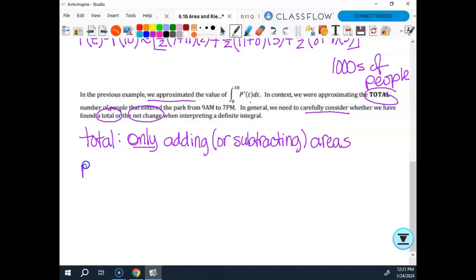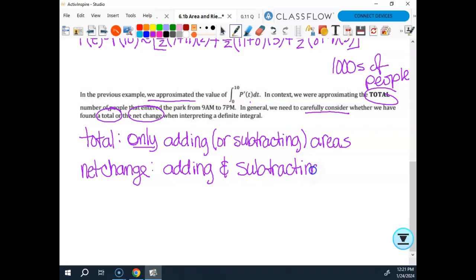Your net change happens when you were adding and subtracting areas.